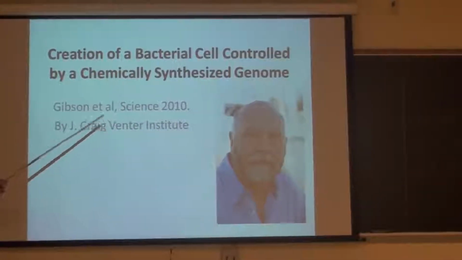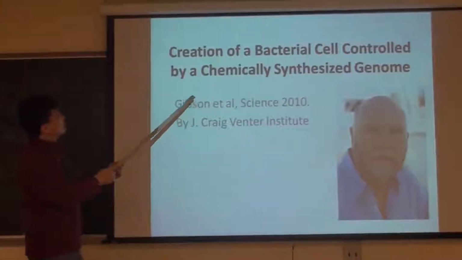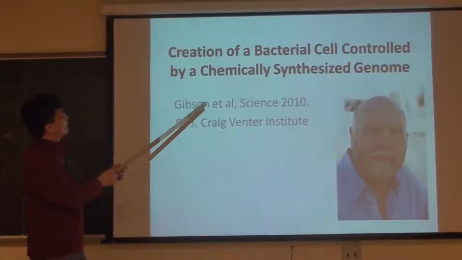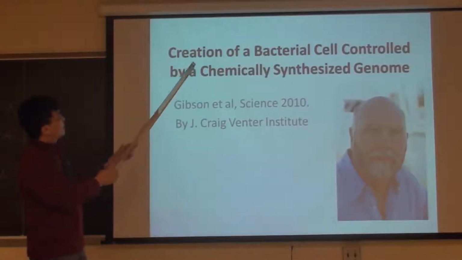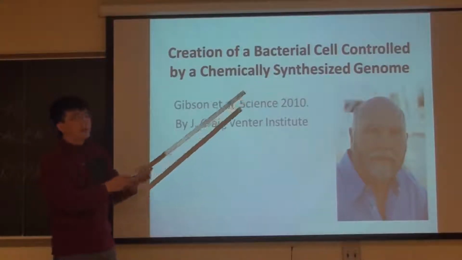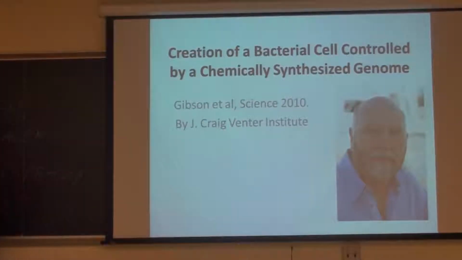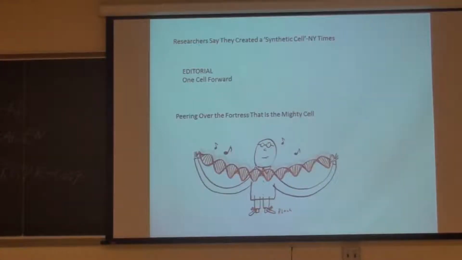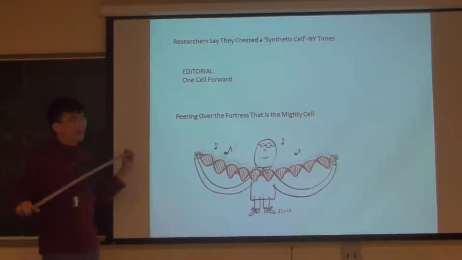But 3 years ago there was a Science paper titled, I think, "Creation of a bacterial cell controlled by a chemically synthesized genome." Actually, I didn't see it first in Science magazine. I first saw it in the New York Times.